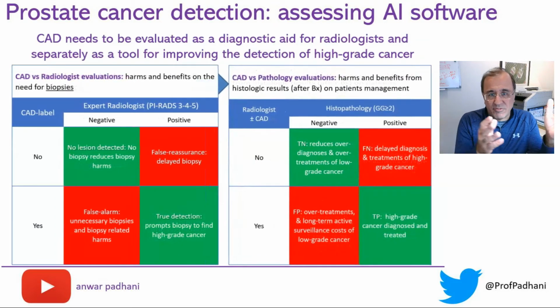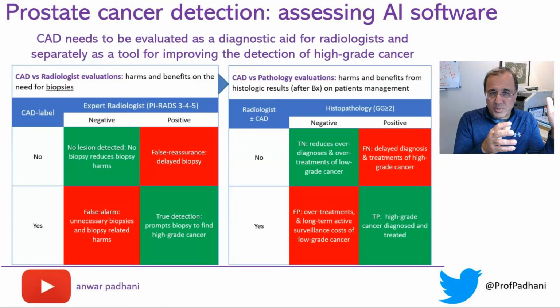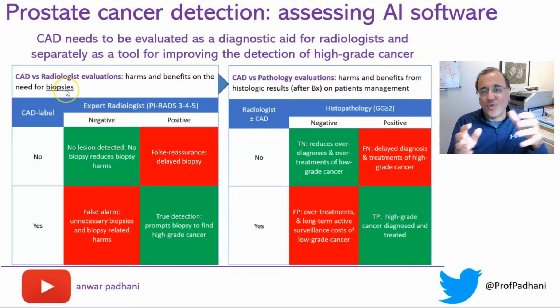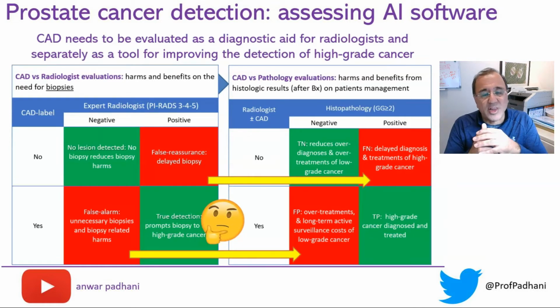Remember that when we evaluate CAD against a radiologist, we're looking at the potential benefits and the potential harms on the need for a biopsy, whereas when we evaluate a CAD software against pathological assessments, the harms and the benefits are as they relate after the biopsy to patient management. So we have to remember that these are separate contexts, because a false reassurance on the left is not the same thing as a false negative.